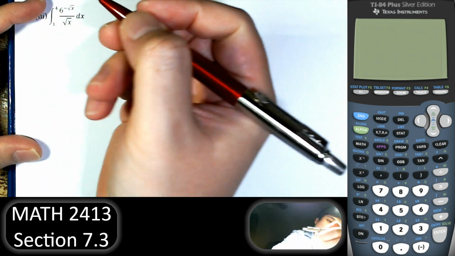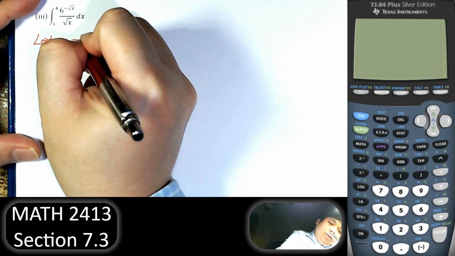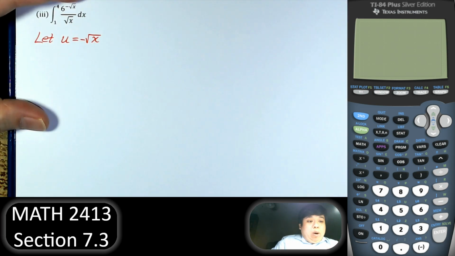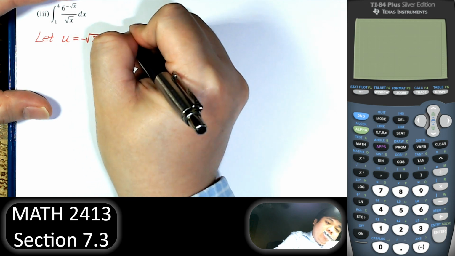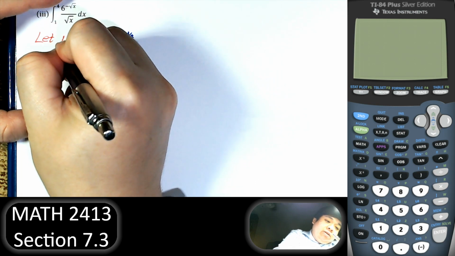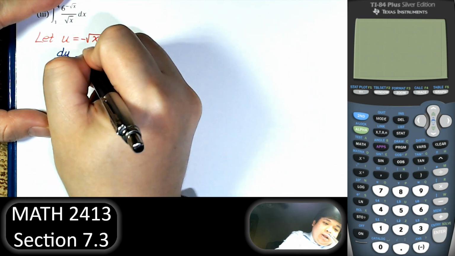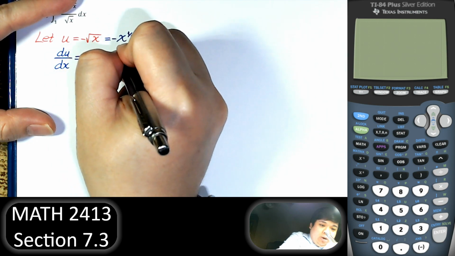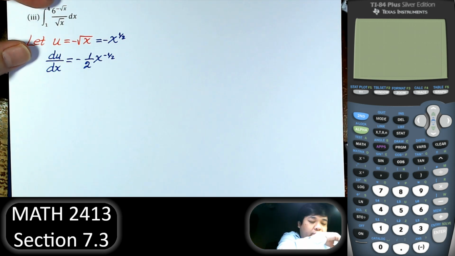u equal to negative square root of x. And of course, when we do that, it will be easier to take the derivative if we write that as x to the 1/2, which is equivalent to the square root. Now we take the derivative. Negative 1/2 x to the negative 1/2. Right, we try to get the dx by itself.